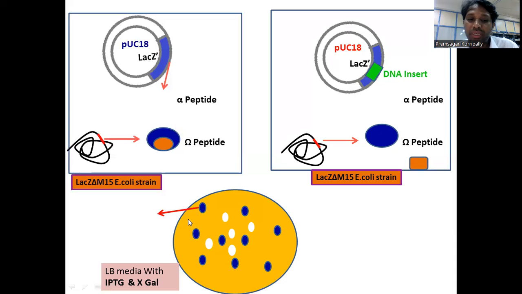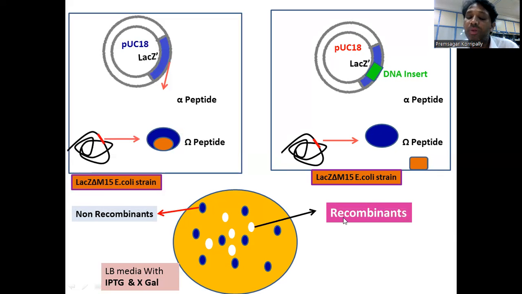So here you see the blue colonies are non-recombinants, and white colonies are recombinants. So the visual selection of recombinants and non-recombinants happens with the help of beta galactosidase. That is the contribution of beta galactosidase to the development of cloning vectors, that is pUC18 and others. Hope you understand the concept.